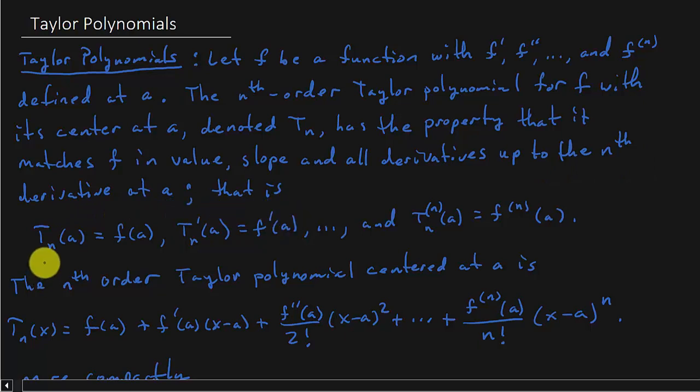That is, T sub n of a equals f of a, and the derivative of T at a equals the derivative of f at a, and the nth derivative of T at a is equal to the nth derivative of f at a.